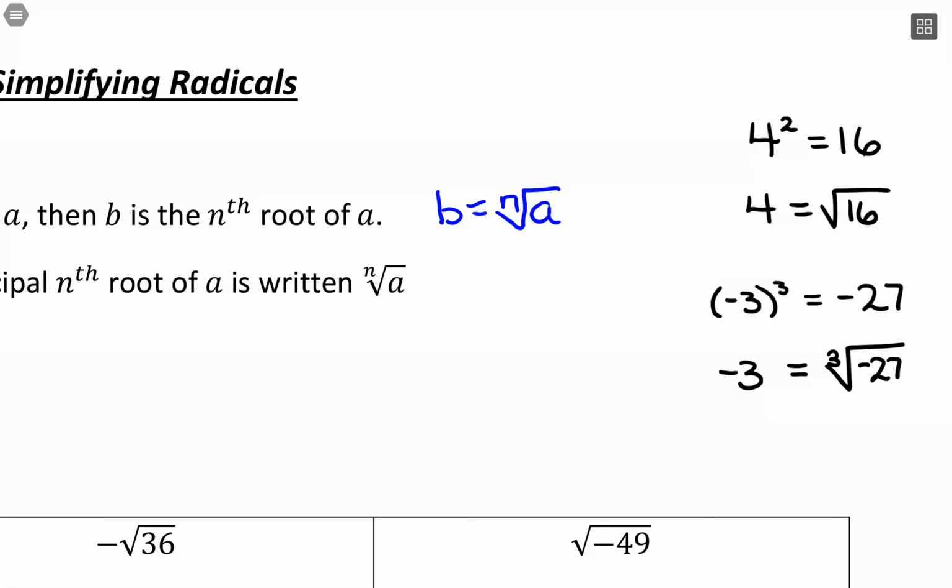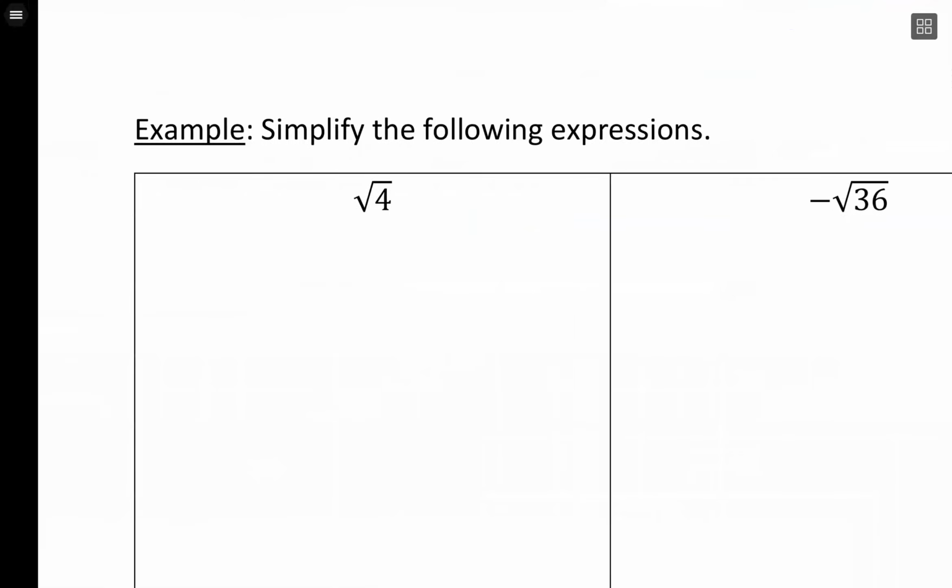So what we can do is use this exponential form in order to help simplify our radicals. So let's go through some examples here and refresh our memory of how to do this.